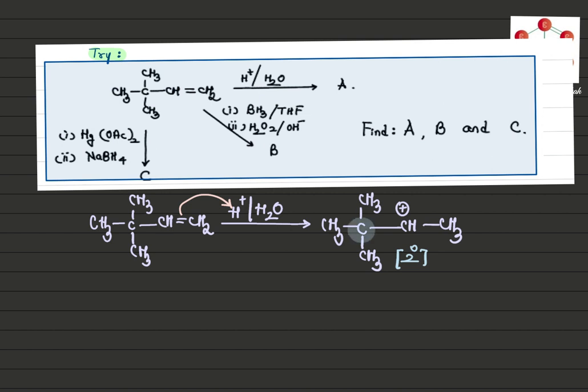Just look at this carbon here, quaternary carbon. Shift it. How? By taking one of the methyls and putting it here. This is then called, what do you call this? Methyl shift. Now this methyl shift would be something like this.